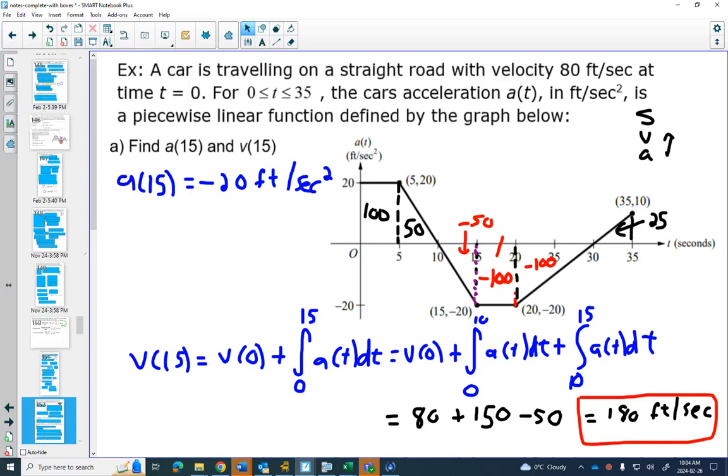That 100, that accumulated change, gets added on to the 80 that you had originally. And so now the velocity at 15 seconds is 180 feet per second, more than double. So if the 80 was 90 kilometers an hour, now you're going really fast because we've more than doubled.